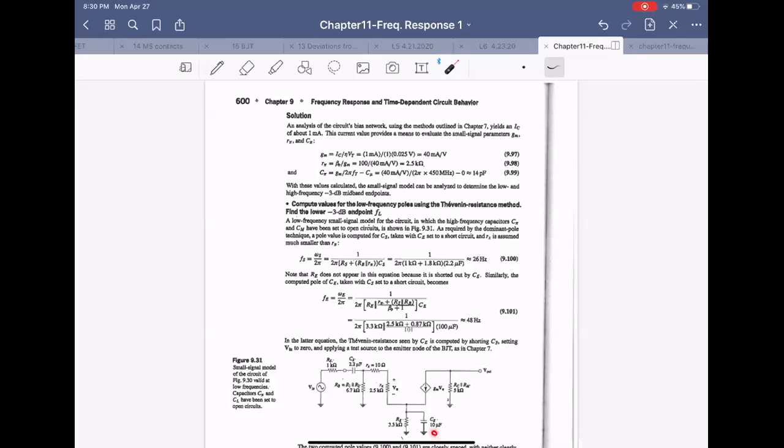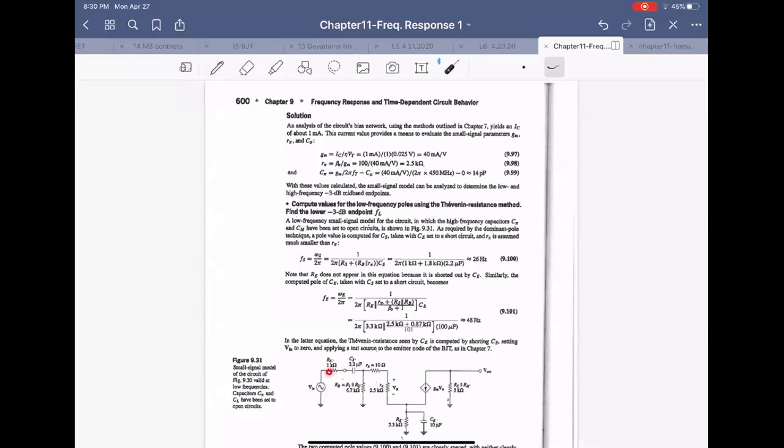And for this one, CE, we have to see what is parallel. This is a kind of parallel type signal going down this way. So what is parallel with this guy? This one, and this one, is parallel, right? And this is r pi, plus this one, which is RS and RB in parallel.